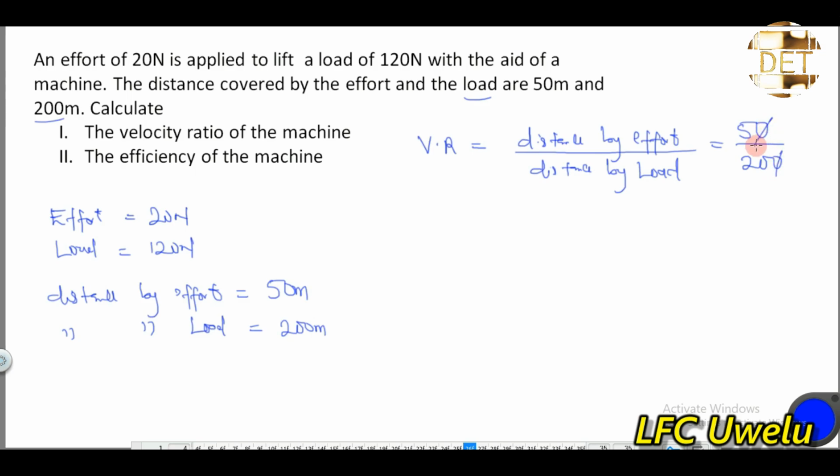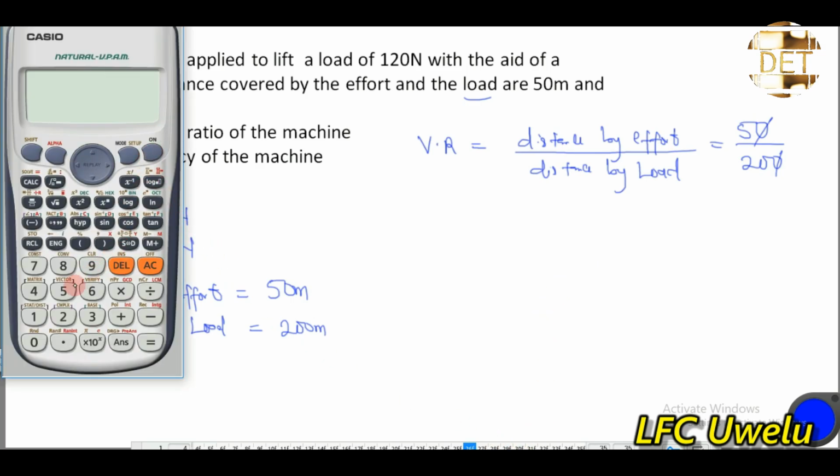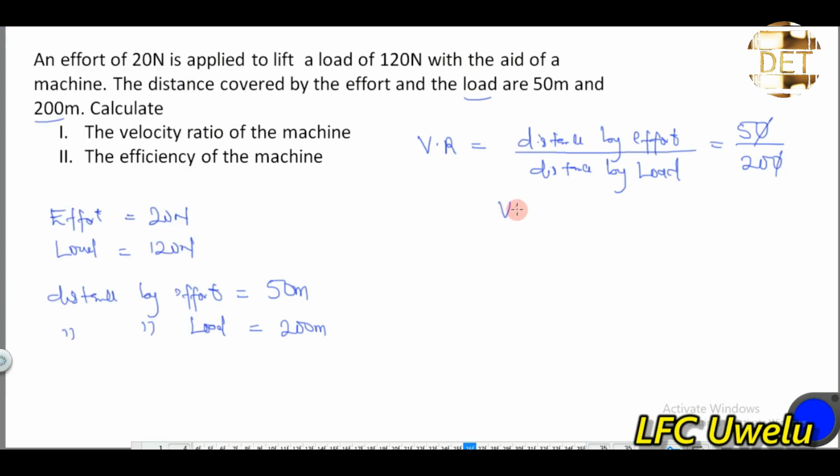So 0 cancels 0. 5 divided by 20 is equal to 0.25. So my velocity ratio is equal to what? 0.25. So I have answered question 1, and this is our answer.